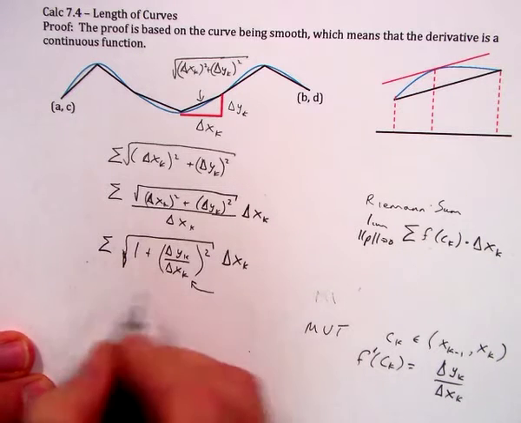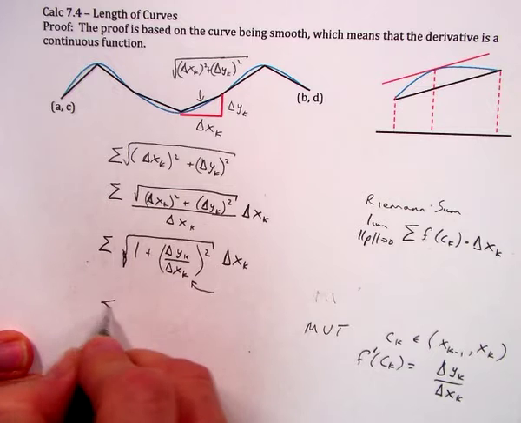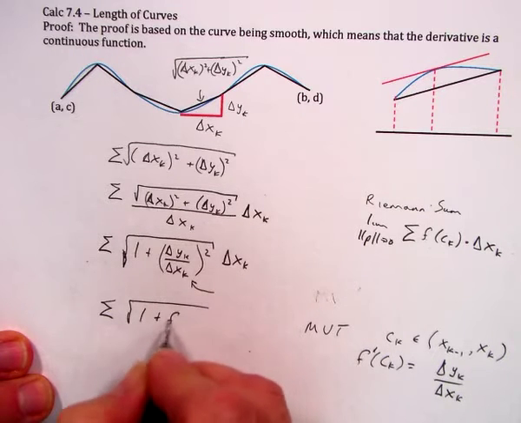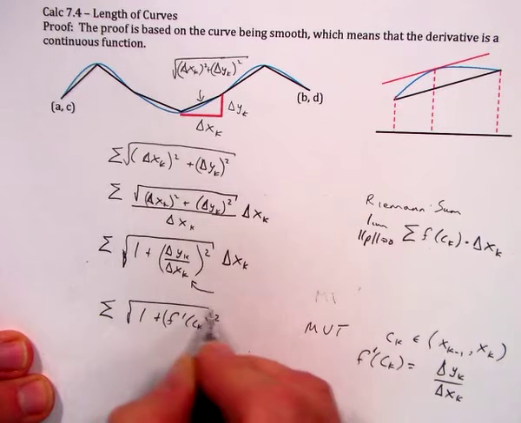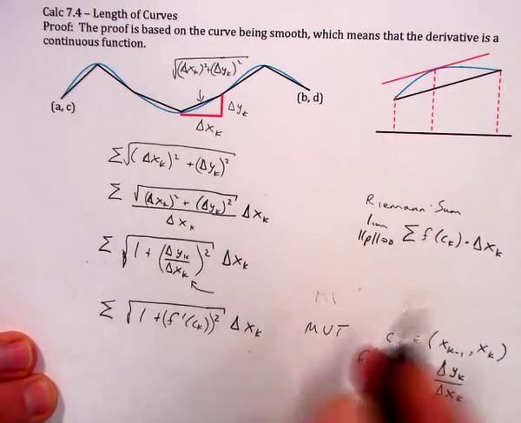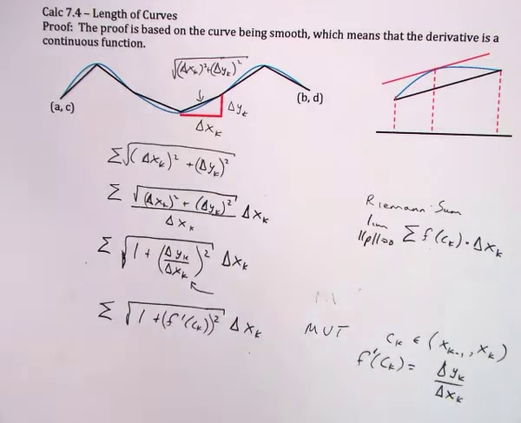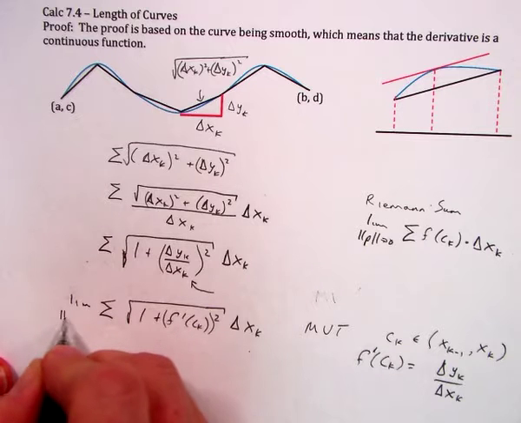So when we apply that here, we will have the sum 1 plus f prime of c sub k quantity squared times delta x sub k. Now that's looking a lot like this. We have a finite sum. We want to find the limit of this as the norm goes to 0.